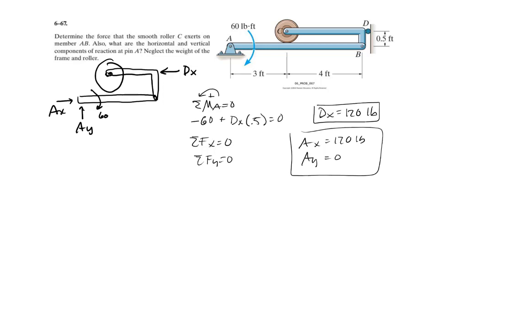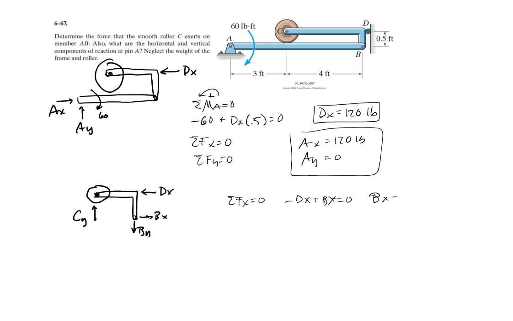So I'll just do this. Okay, so I know D. I don't know this Cy, and Bx is unknown. However, I can sum the forces in x. So here I can discover that minus Dx plus Bx is equal to 0, so Bx is equal to 120. What else can we find? How about sum of the moments about some point?